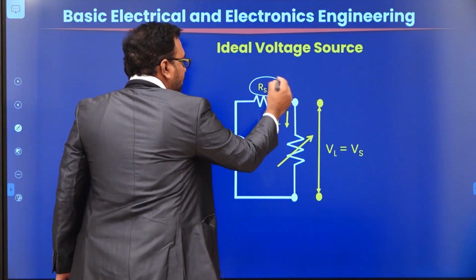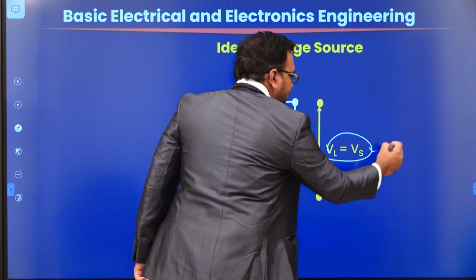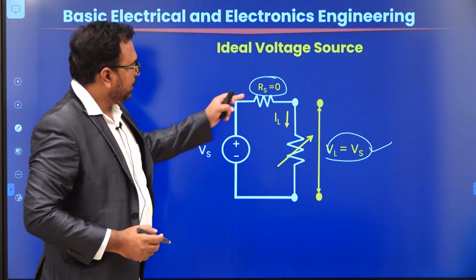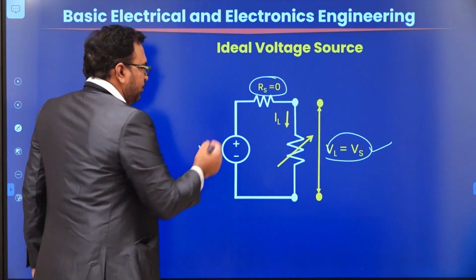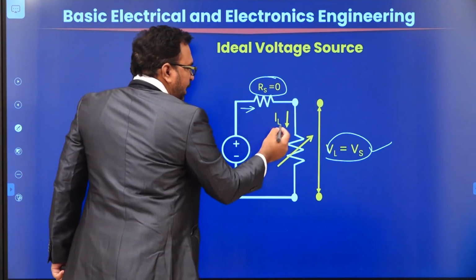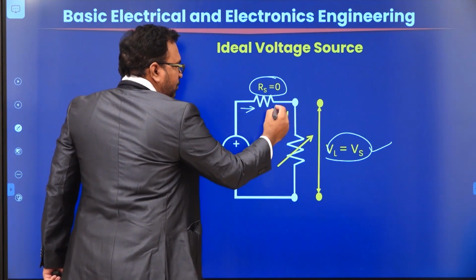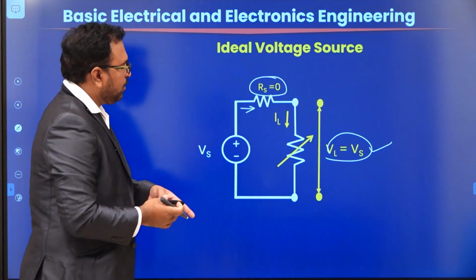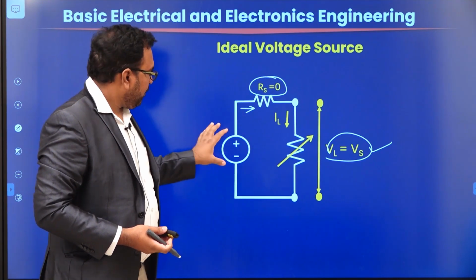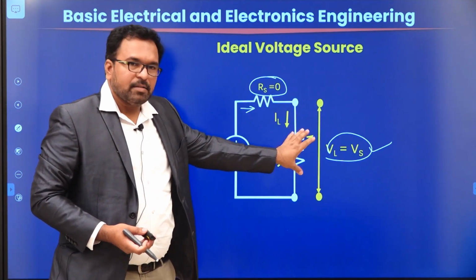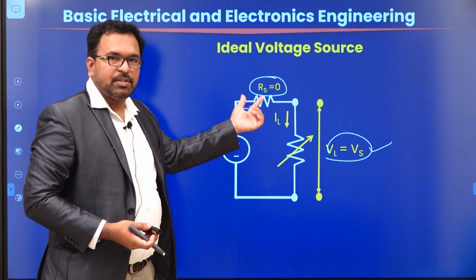This is the factor which makes VL equal to Vs. The internal resistance of the ideal voltage source is always 0. I told you that IL is the current flowing through the resistance. Whenever the current flows through it, since the resistance is 0, the voltage drop across this resistance is 0. That way the total voltage appears across the load terminals. So there is no voltage across the source resistance.